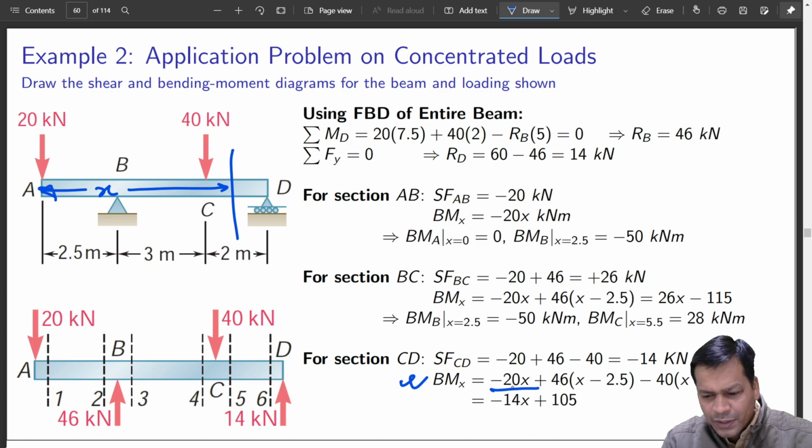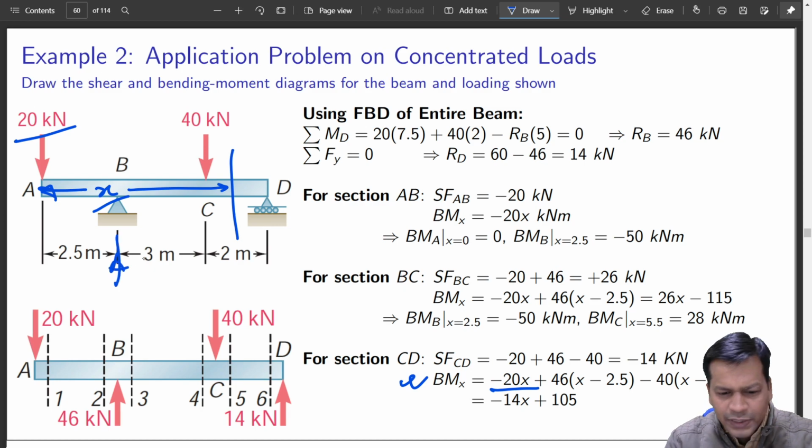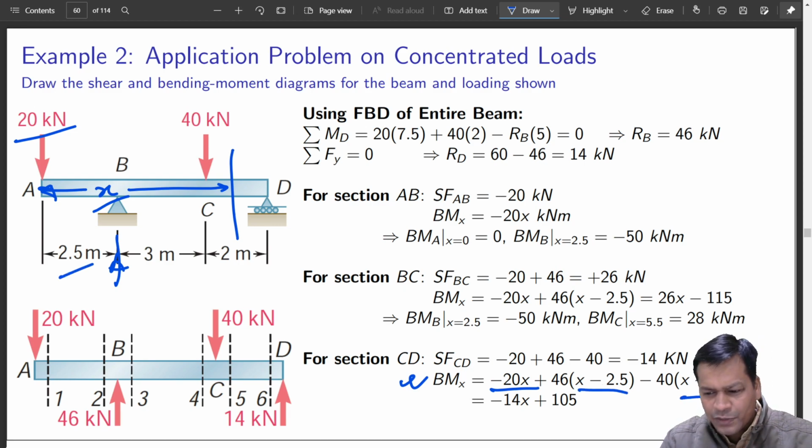So it is 20 into x, and RB 46 into x minus 2.5, and x minus 5.5 for the 40, so that is this distance. So this is your bending moment between C and D.